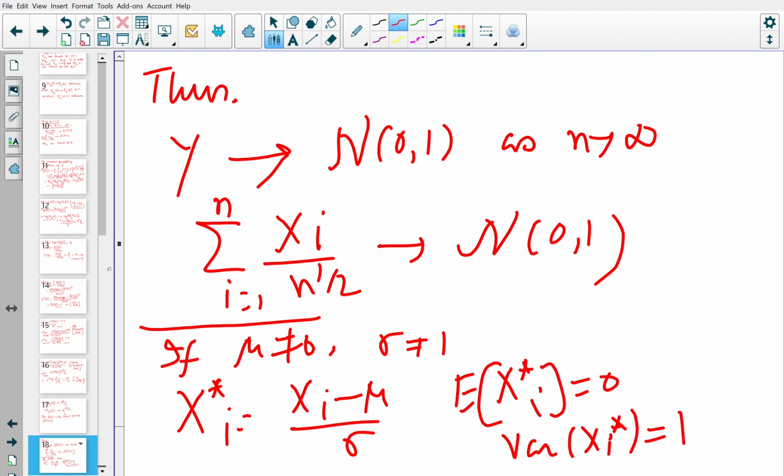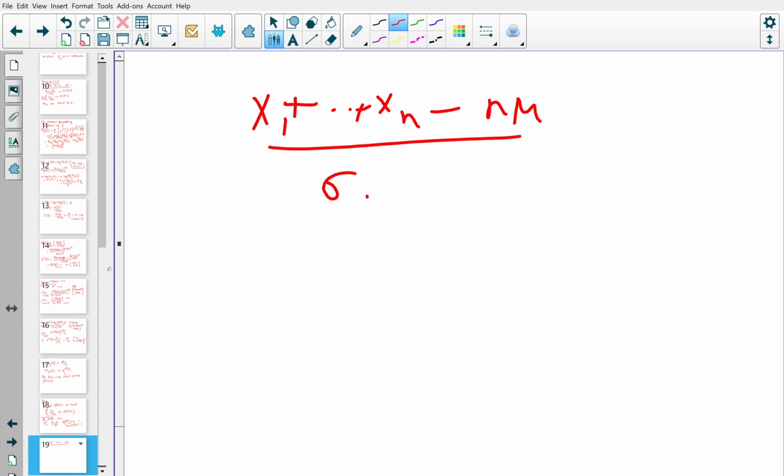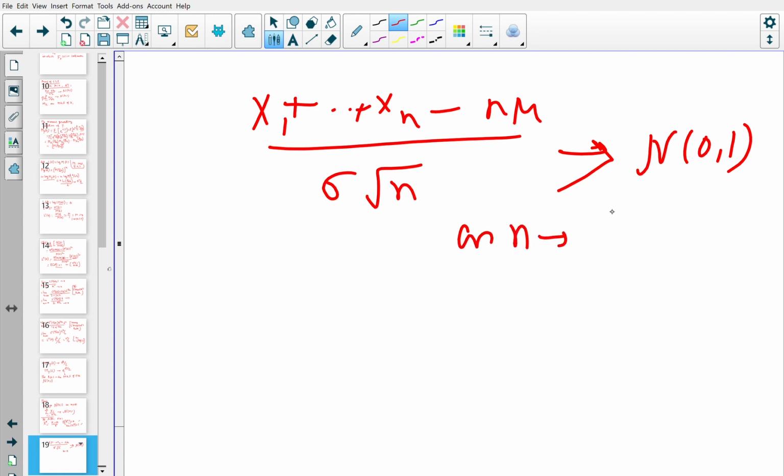So now you can apply the result here, and you will get the final version of the theorem, which tells you that (X_1 plus ... plus X_n minus n mu) over sigma into root over n converges to the standard normal distribution as n tends to infinity. Okay, so that is the end of the proof.